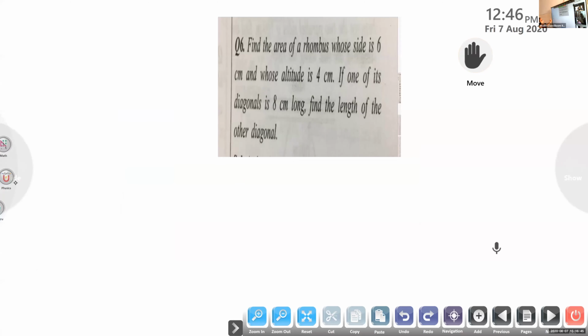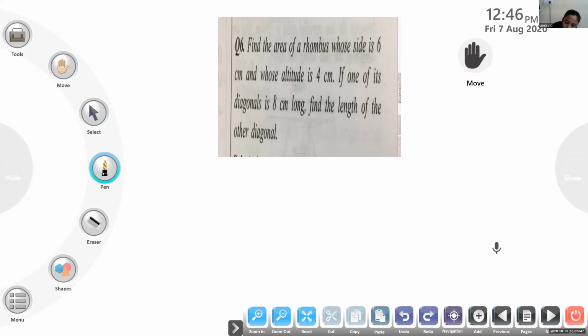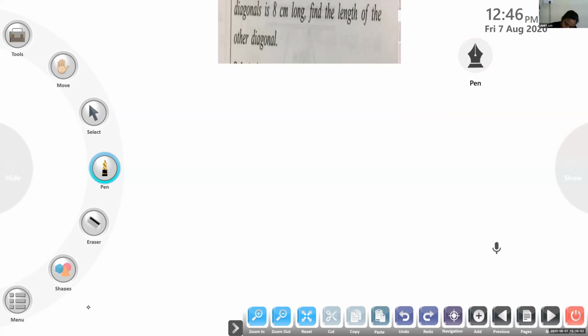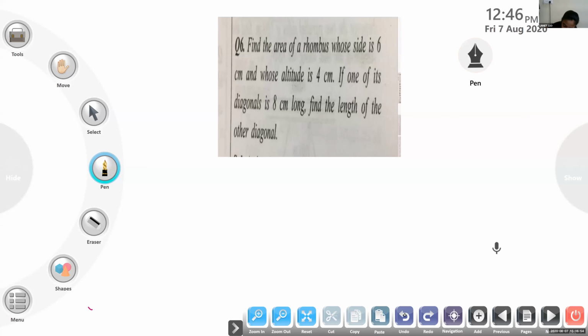One of its diagonals is 8 centimeter long. Find the length of the other diagonal.